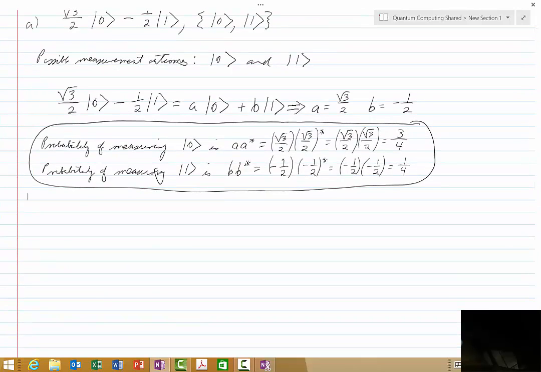And so now let's jump to a slightly more complicated example of the same procedure and see how you can do this.